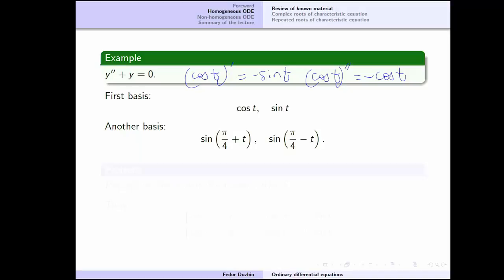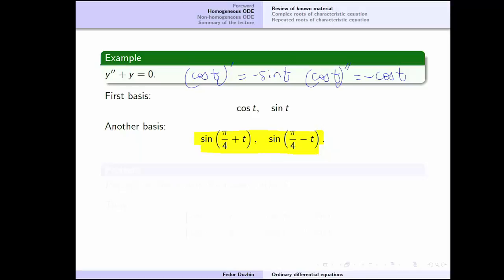But here is another basis. In the same way this would also be a basis, and you can easily check it. Anything that is made of cosine and sine is going to satisfy this differential equation.